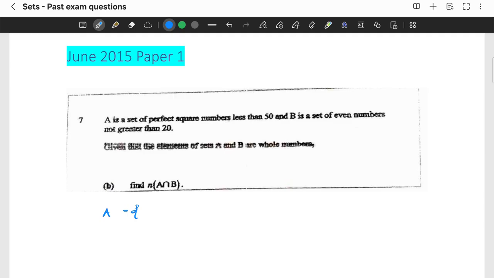We can start: 1 times 1 is 1, 2 times 2 is 4, 3 is 9, 4 is 16, 5 is 25, 6 is 36, 7 is 49. So that's less than 50, right?